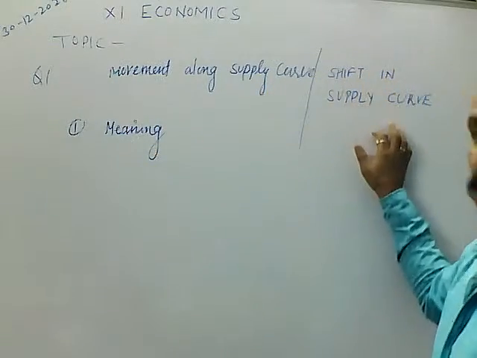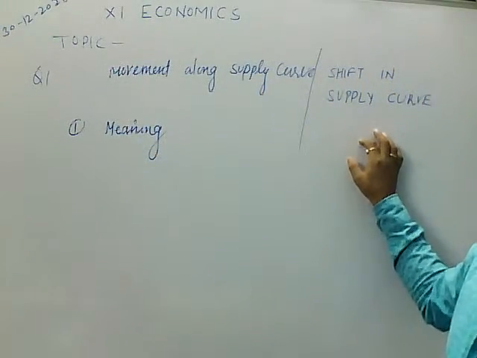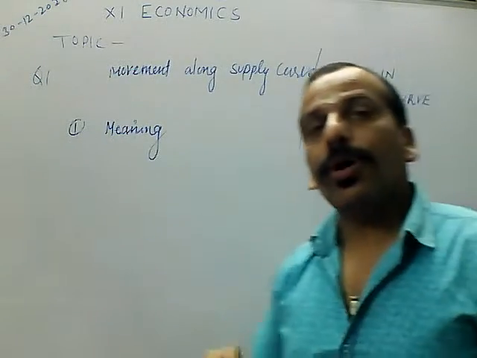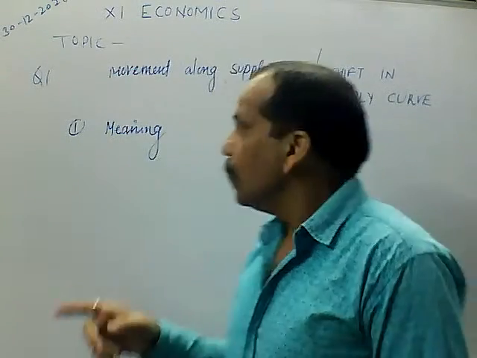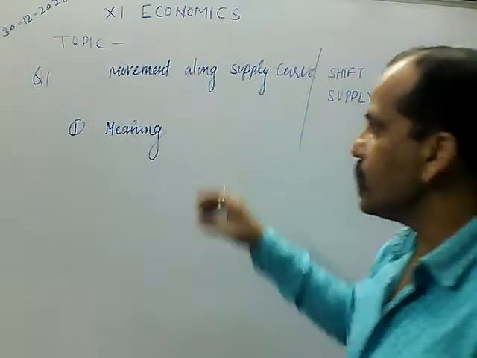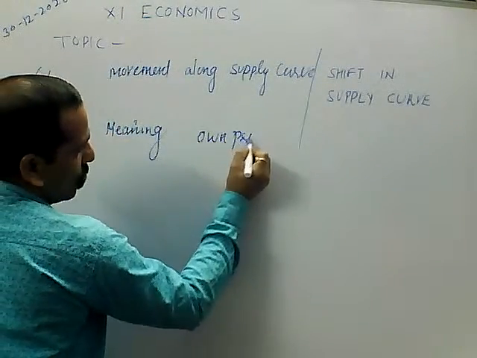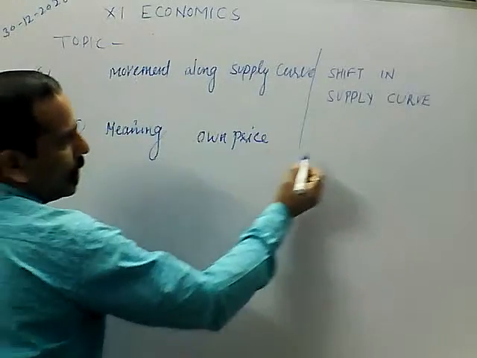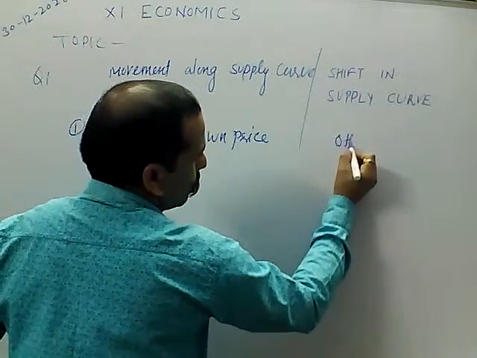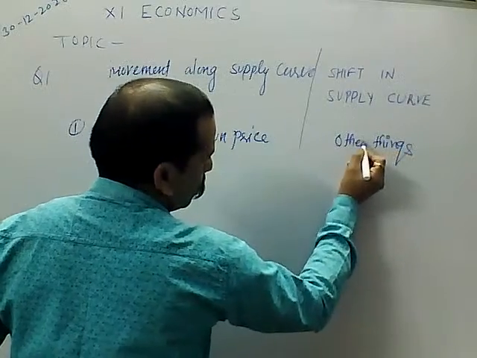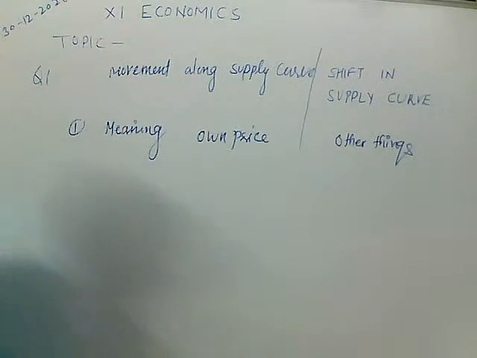And shift in the supply curve: change in the supply due to other factors. Here it is due to price of the commodity, and here due to other things.